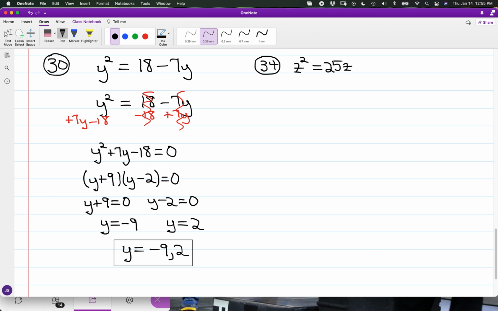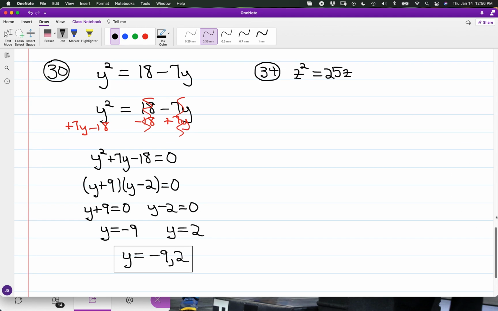And let me mention something. You have z squared is equal to 25z. Now there might be a temptation to divide by z on both sides. But if you were to do this, you're potentially leaving out a solution. If you divide both sides by z, you might have only half the solution.